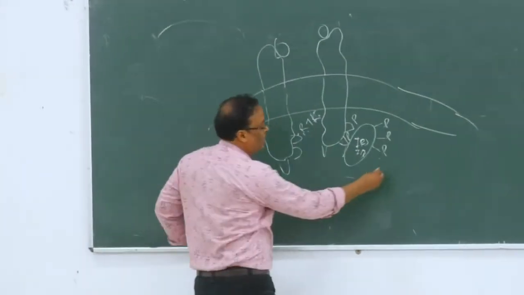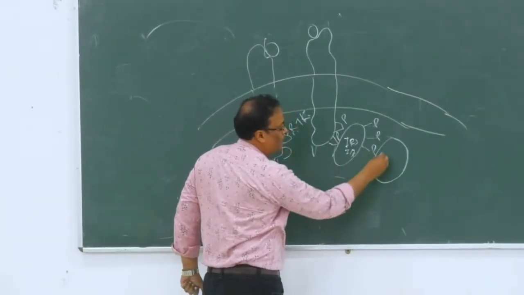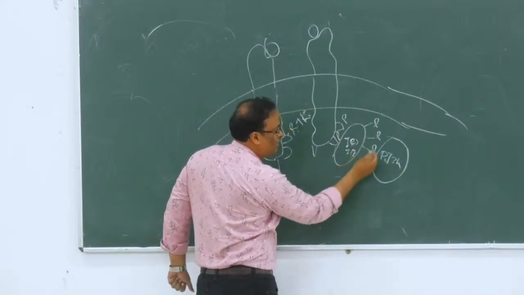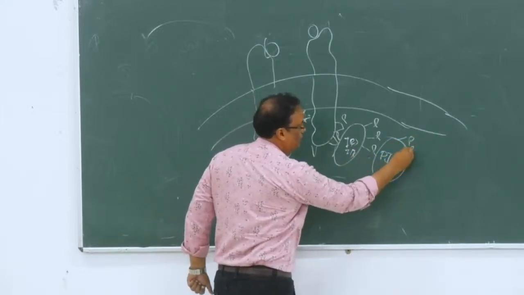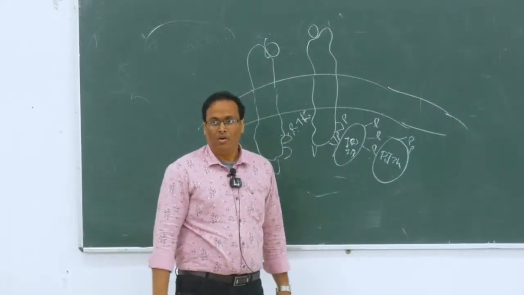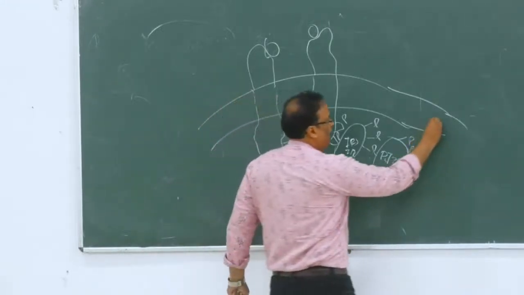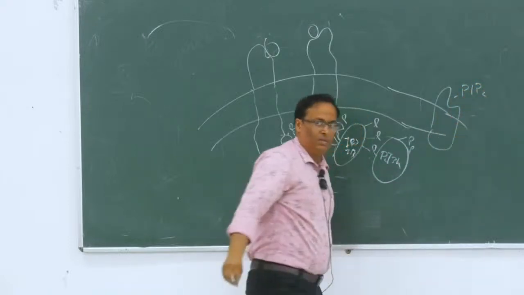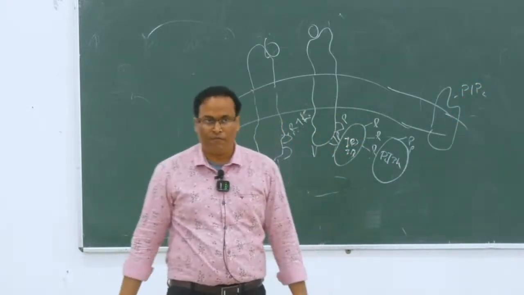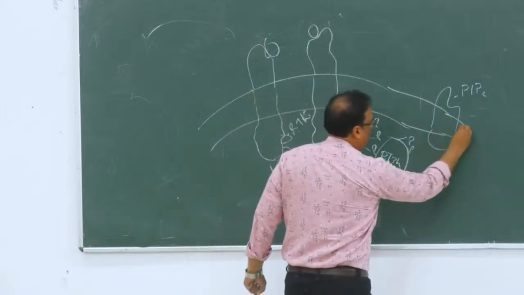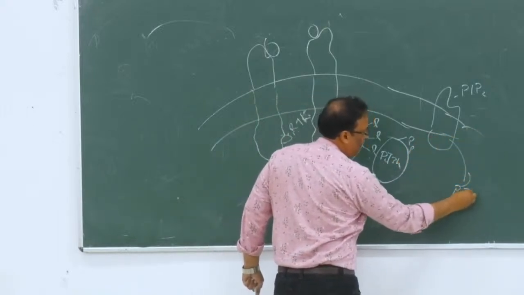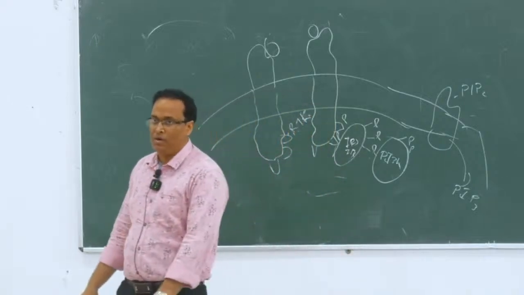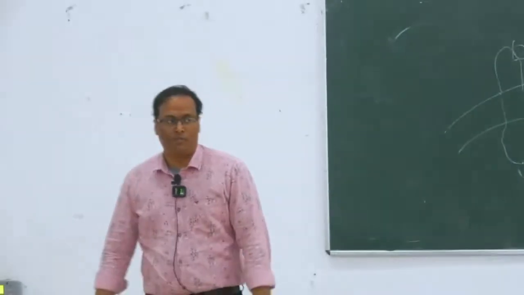Right, and activated. What is the role of this? Because that is phosphatidylinositol bisphosphate, which becomes 3,4,5 triphosphate, you can say.